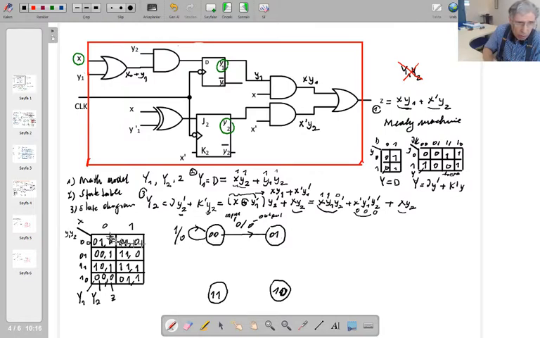If you apply 0, you go to 0, 0 state, with output 1.